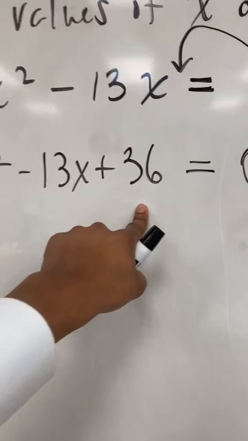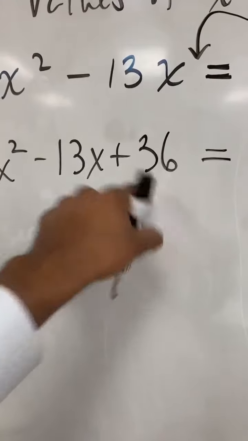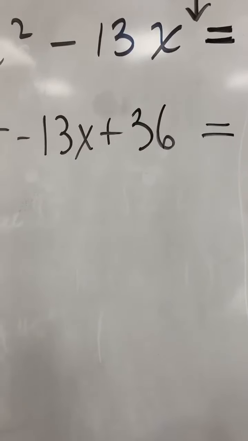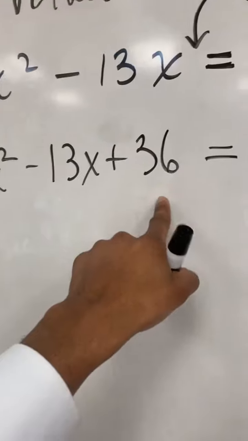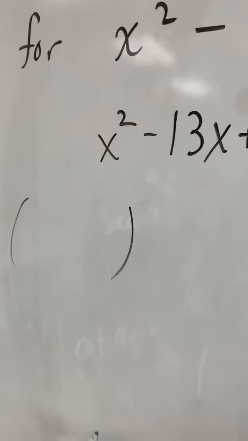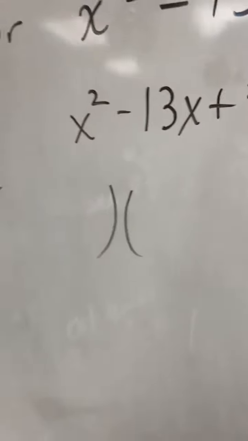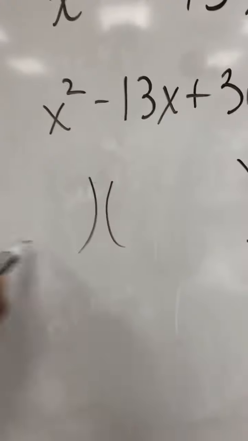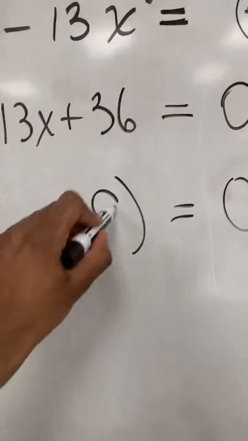And out of all the ones I just mentioned, 4 times 9 is the one that resonates, because 4 plus 9 is 13. So if I have a positive 36 and I know my middle term is 13, well, technically it's a negative 13, I at least know I can start with my x times x, and I also know that I can do my 9 times 4.